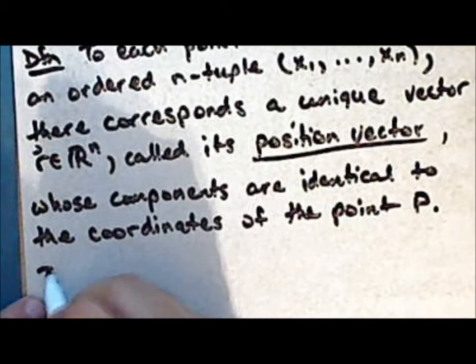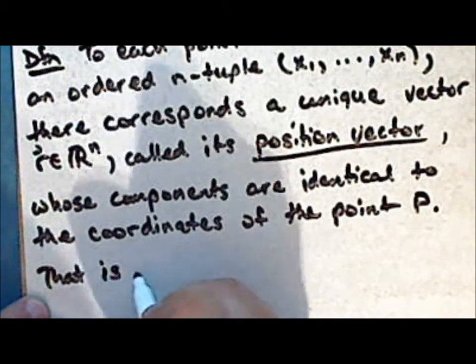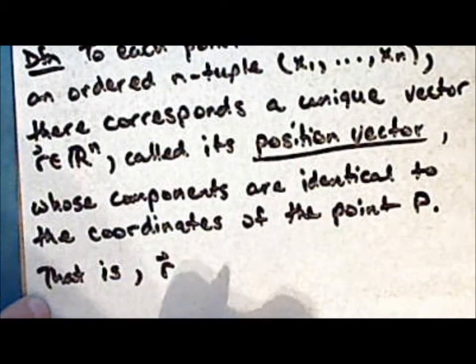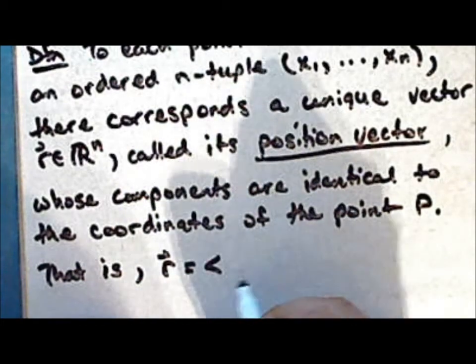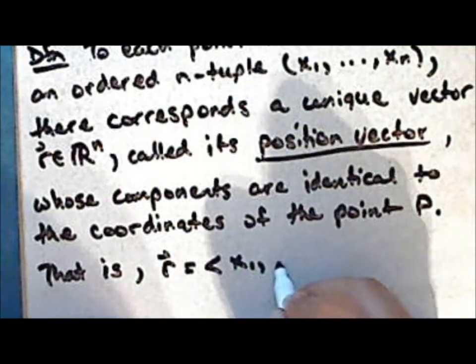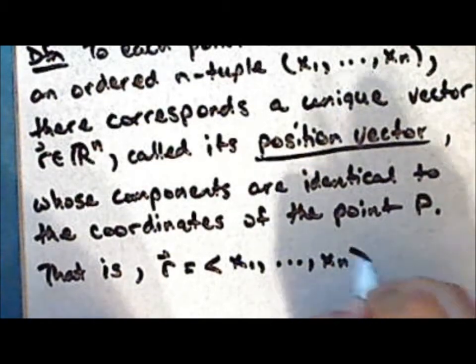That is, the position vector r for the point P with coordinates x sub 1 through x sub n is the vector with components x sub 1 through x sub n.